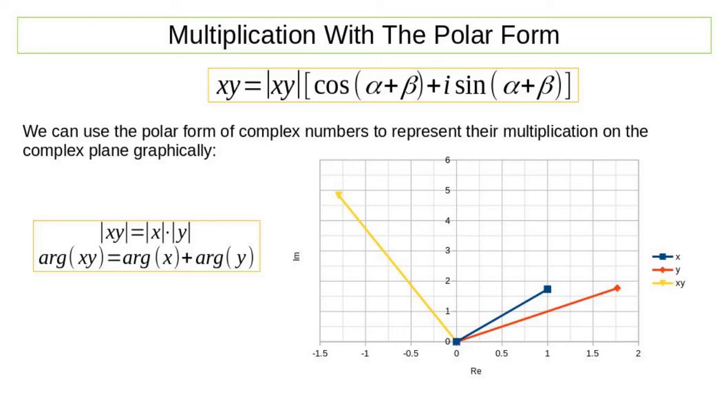The result of the product of two complex numbers, x and y, will be a complex number with an absolute value equal to the product of the absolute values of x and y, and an argument equal to the sum of the arguments of x and y. The figure on the right represents this result graphically.